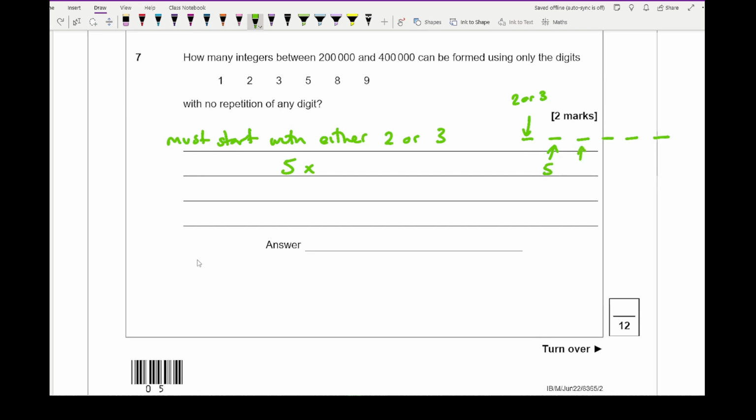For the next digit, I'm going to end up with 4 options because that one's already been used for the previous one. This one, there are 3 options. This one, there's 2 options, and then I'll always end up with 1. So it's going to be 5 times 4 times 3 times 2 times 1. And because there are 2 possible numbers to start with, I multiply that by 2. And if I type that all into my calculator, I get an answer of 240.